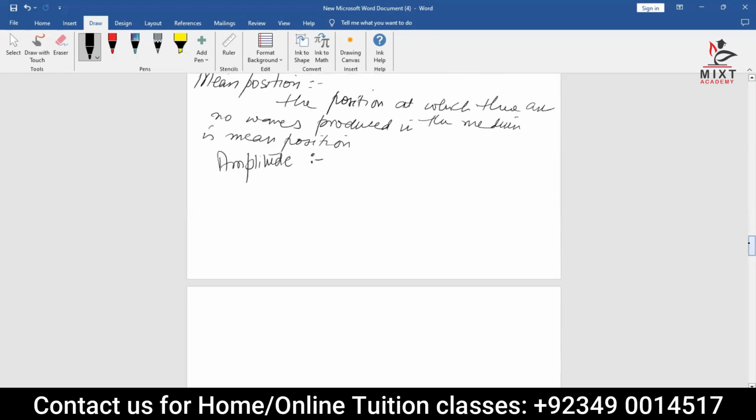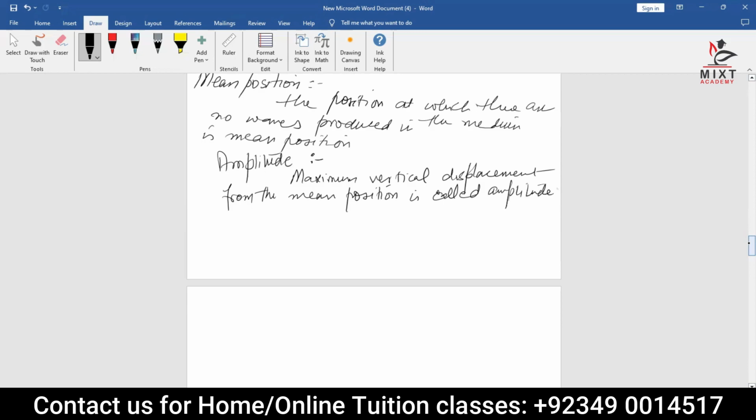So you can say maximum vertical displacement from the mean position is called amplitude. Unit of amplitude is also meters. SI unit is meters.